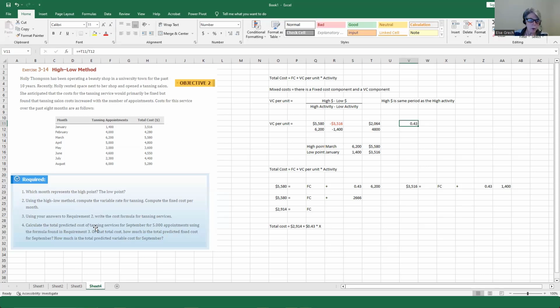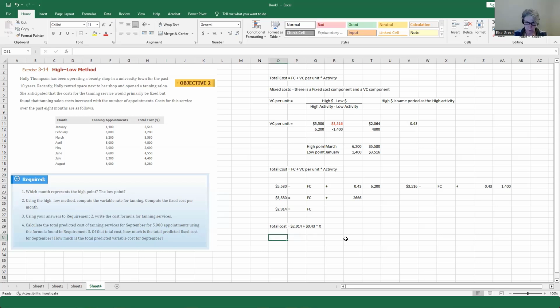Calculate the total predicted cost of tanning services for September for 5,000 appointments using the formula found in requirement 3. Okay, so we want the total cost. So I'm going to do the formula.